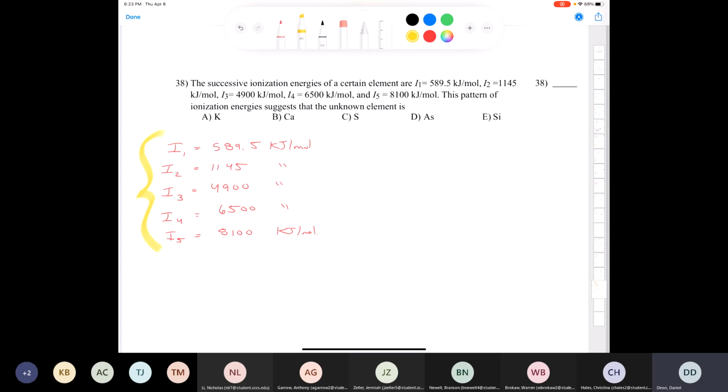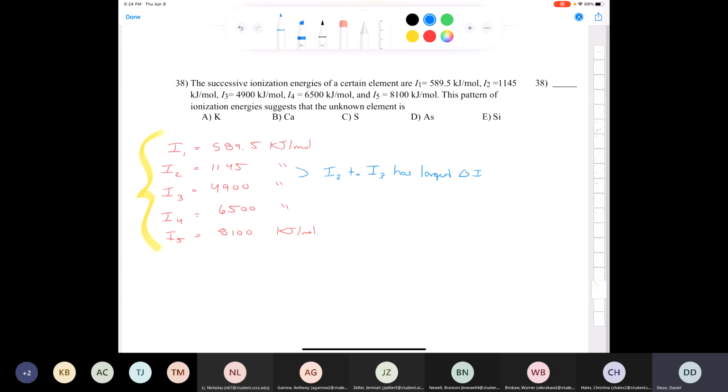Yeah, thanks, Branson. It's 2, because we see the biggest change in ionization energy, or the biggest energy gap, right here. So we'll say from I2 to I3 has the largest delta I, change in ionization energy.